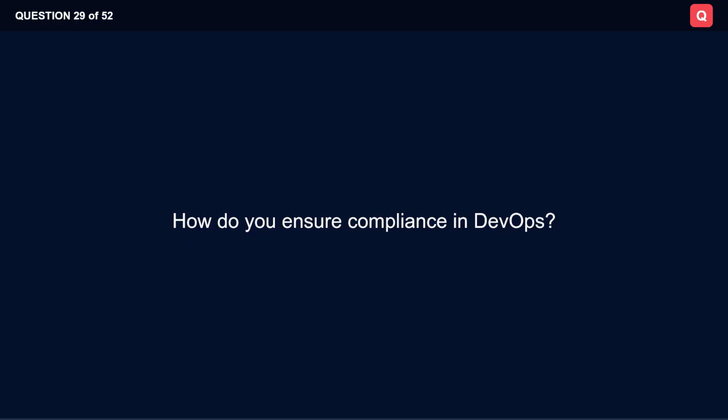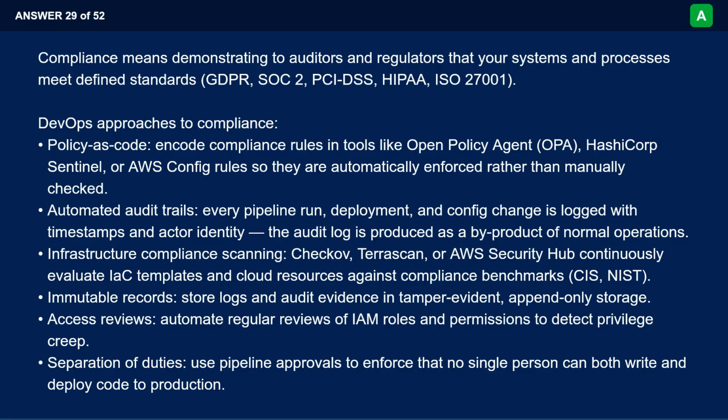How do you ensure compliance in DevOps? Compliance means demonstrating to auditors and regulators that your systems and processes meet defined standards: GDPR, SOC2, PCI-DSS, HIPAA, ISO 27001. DevOps approaches to compliance. Policy as code.